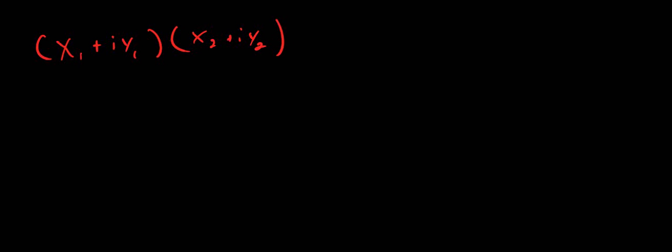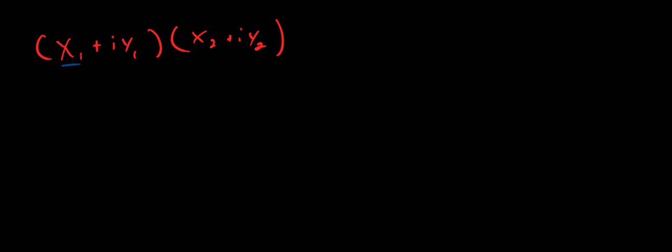But anyways, let's make sure that the rules for multiplying complex numbers also work out with this form. Again, we're going to have x1 plus i y1 times x2 plus i y2.